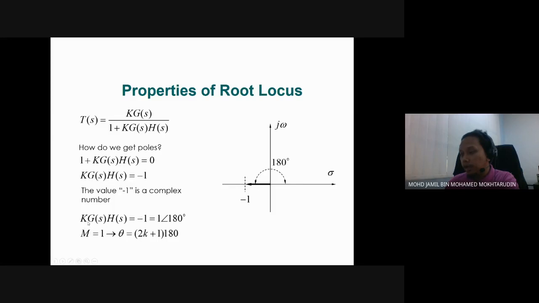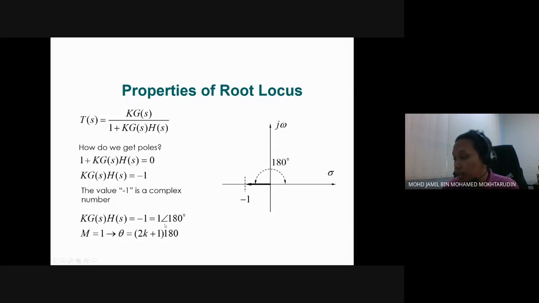So KGH equals -1. If you plot -1 in the S-plane, it has a magnitude of 1. The angle from the positive x axis to the vector is 180 degrees.